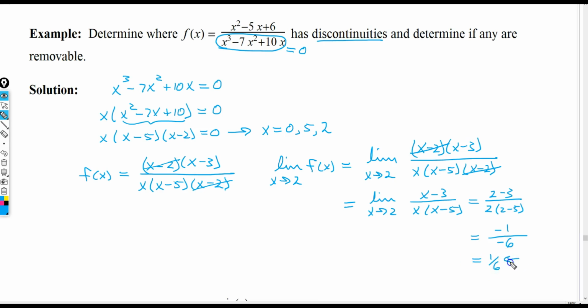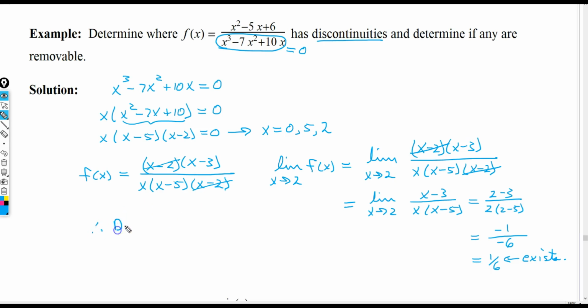And this value exists. So therefore, since the limit as x approaches 2 exists, 2 is actually a removable discontinuity.